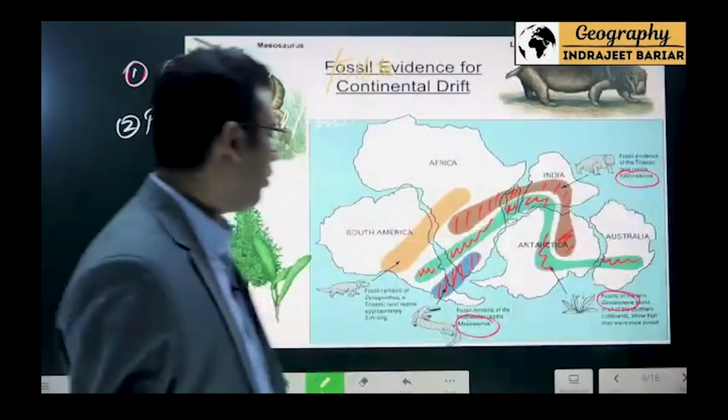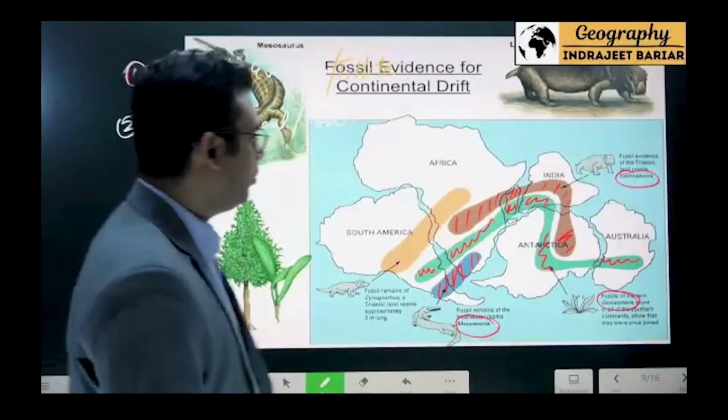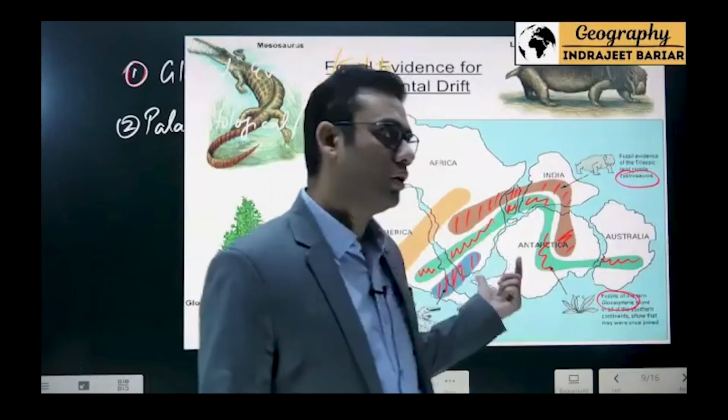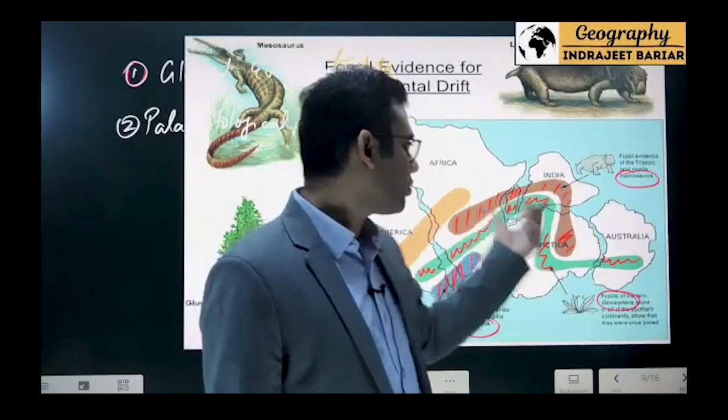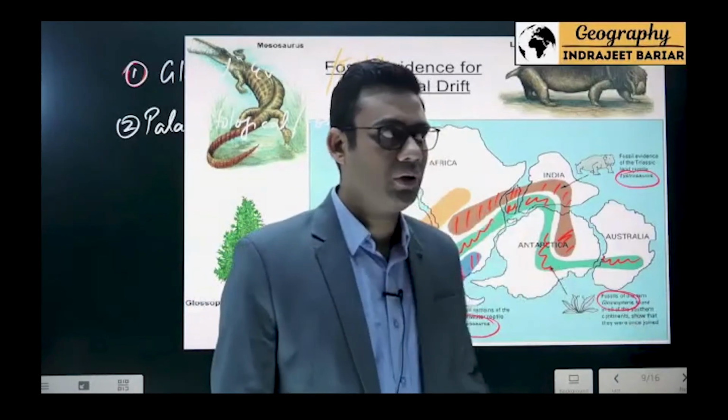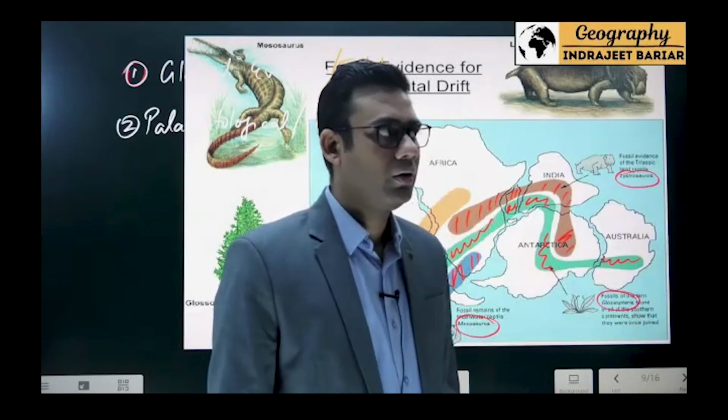So in case of paleontological evidence, what should I know? Should be the distribution कि Mesosaurus के fossils कहाँ मिले हैं, Lystrosaurus के कहाँ मिले हैं, Glossopteris के कहाँ मिले हैं. ठीक है.